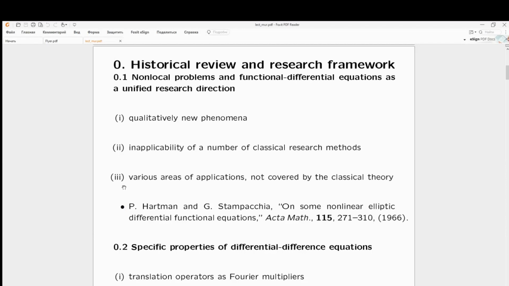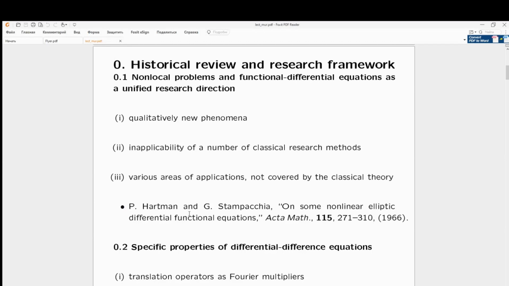But when we speak about the contemporary situation, then regarding ordinary differential equations, it is reasonable to mention such an author as Anatoly Dmitrievich Myshkis. But today I am going to speak about partial functional differential equations, and probably the most important pioneering work is this paper of Hartman and Stampacchia of 1966.